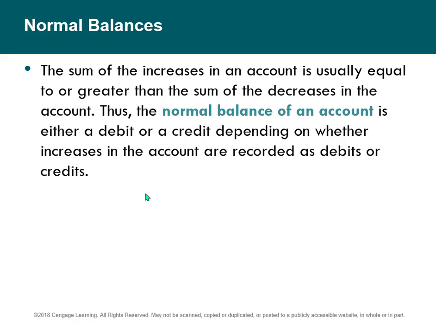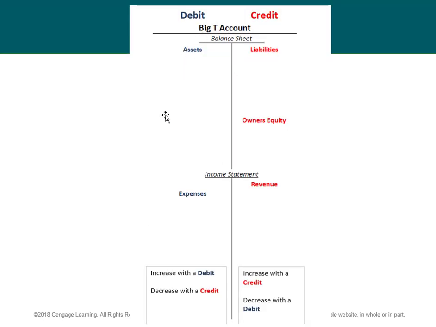If we go back to this, assets and expenses normally have a debit balance. The other little trick is that assets go up and down, especially cash, the current assets. Expenses only go up, so you're just going to be debiting these.